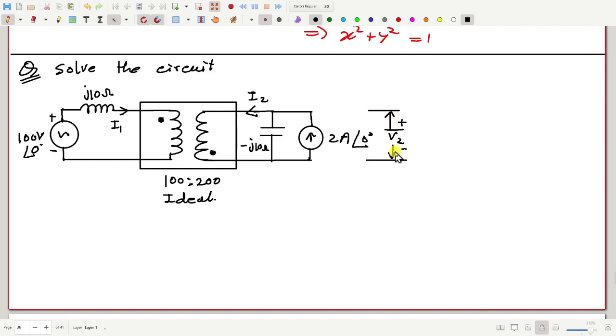How to solve this? Yeah, these are phasors. Yes? No idea? Fine.